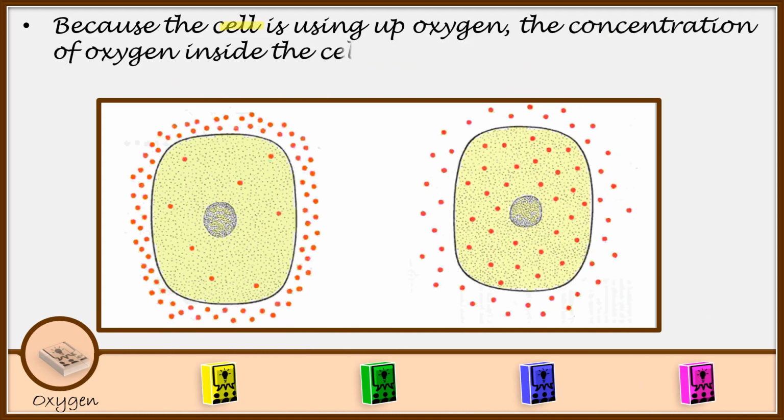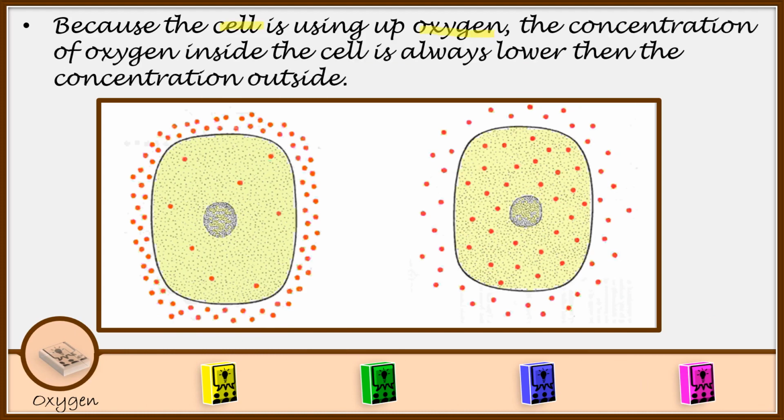Because the cell is using up oxygen, the concentration of oxygen inside the cell is always lower than the concentration outside. So you will find that oxygen is always entering the cell from outside. But again, the concentration of oxygen is lower inside, yet oxygen is entering.